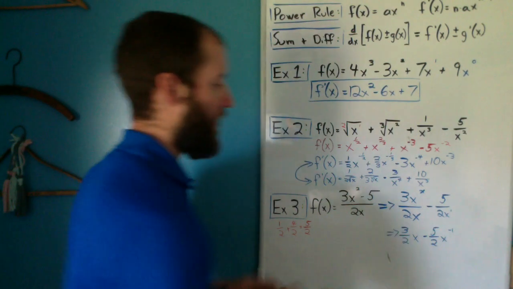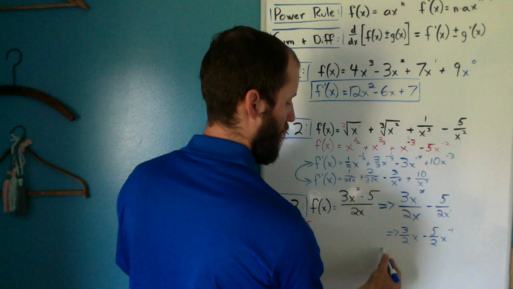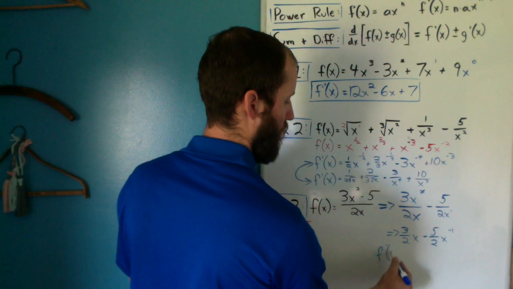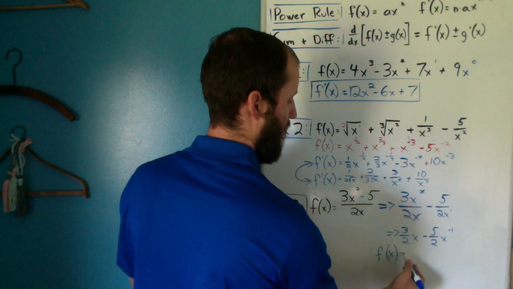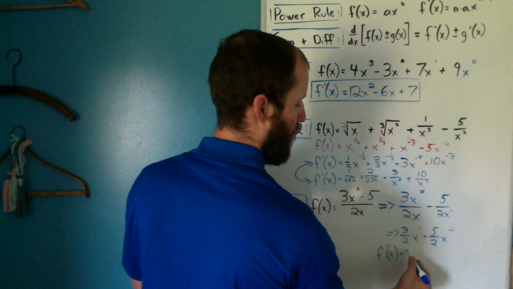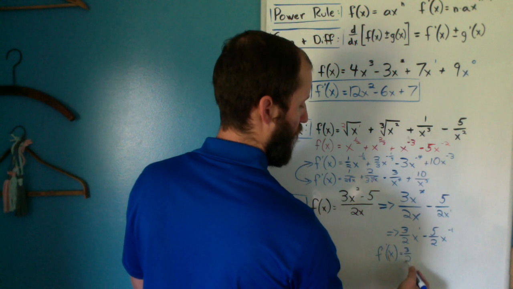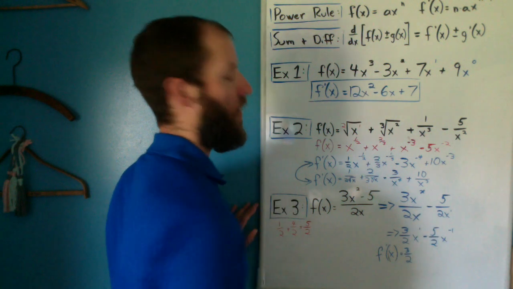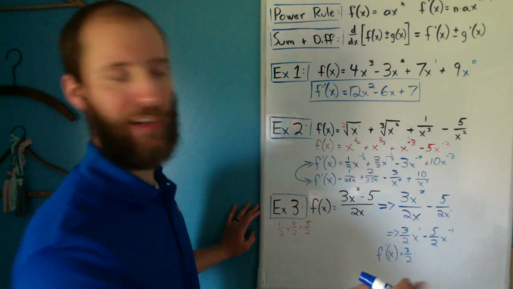So if we go ahead and take our derivative here, we have f prime of x. So this exponent of positive 1 here, let's bring that down. 1 times 3 over 2 is 3 over 2. 1 minus 1 gives you x to the 0, so the x term cancels out.